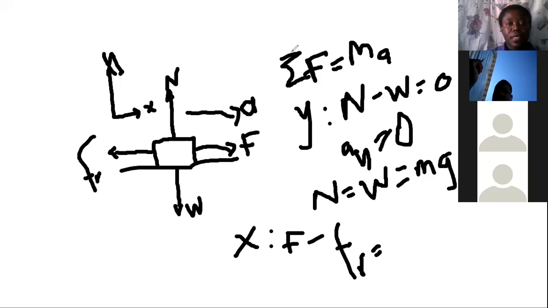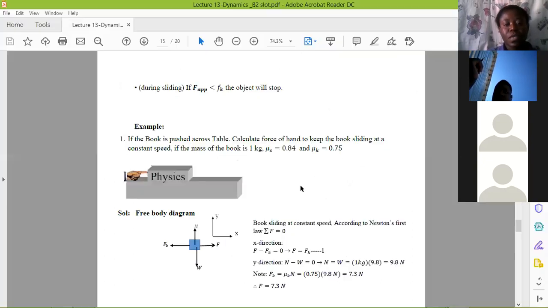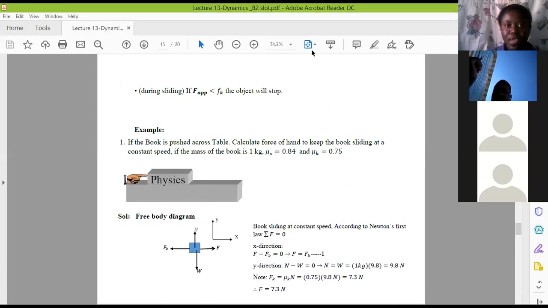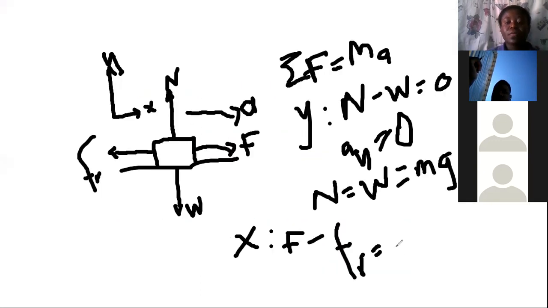Is this book moving or not moving? We need to calculate the force needed to keep the book sliding. We are given a mass, so this is the mass times the acceleration.